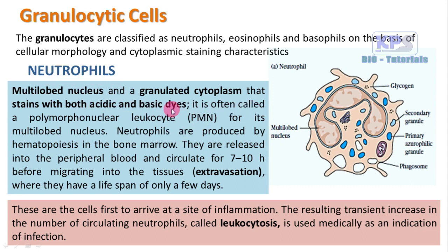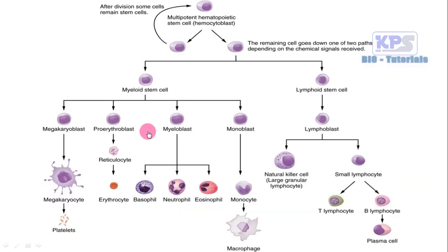It is often called a polymorphonuclear leukocyte or PMN for its multi-lobed nucleus, since it has 2, 3, sometimes more lobes in its nucleus. Thereby they are called polymorphonuclear leukocytes or PMN.